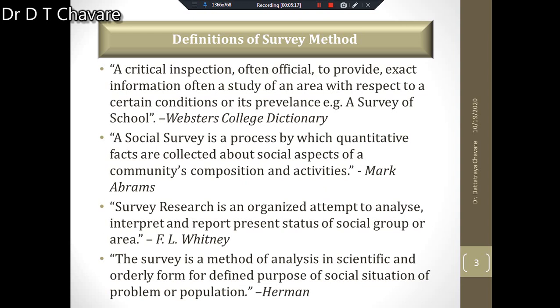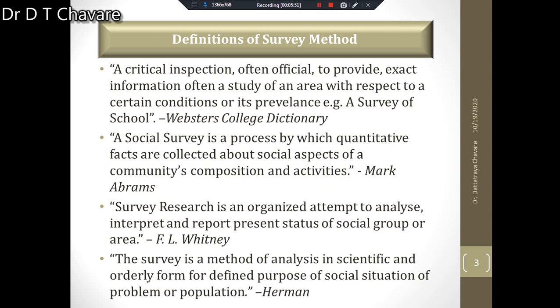That definition says: a critical inspection, often official, to provide exact information, often a study of an area with respect to certain conditions or its prevalence, for example, a survey of schools.